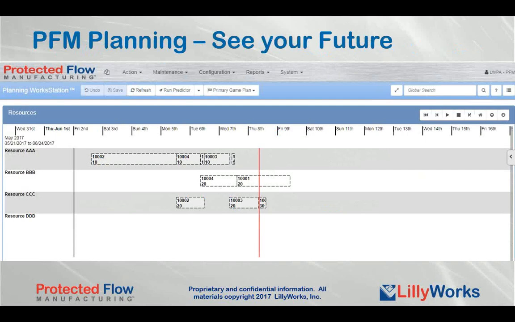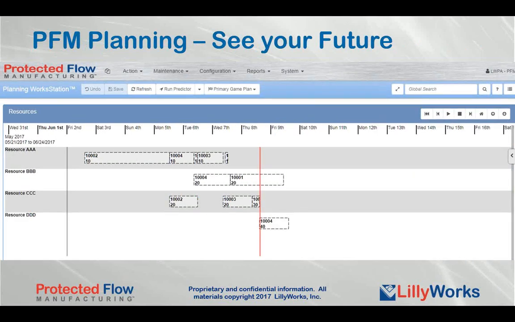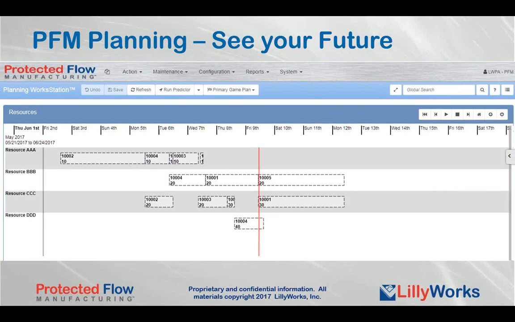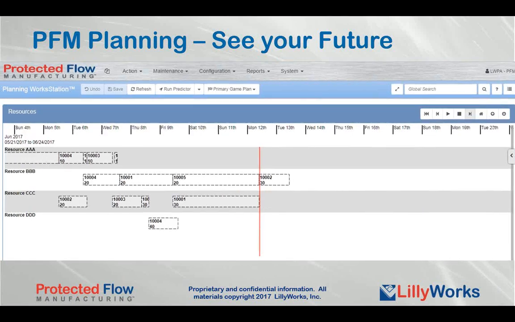With protected flow manufacturing planning, you can see your future simulated just as you'll be executing every hour, every day, hour by hour, minute by minute, only showing the issues as they're predicted to occur well in advance. So you have plenty of time to prevent them now before they become a problem in the future.